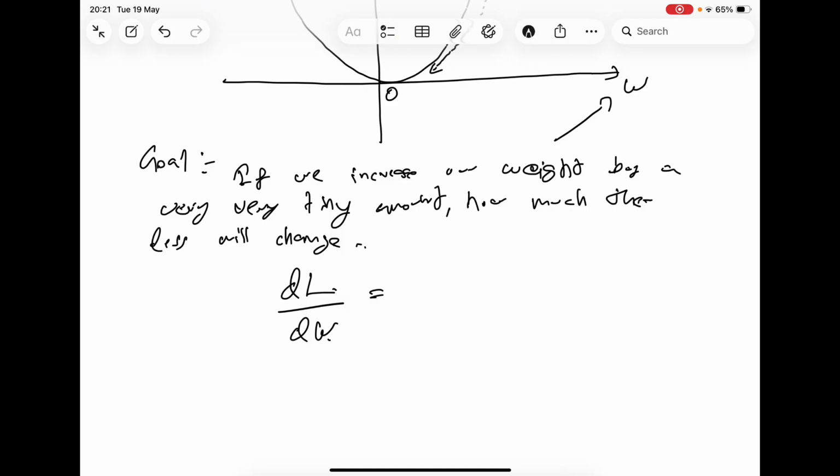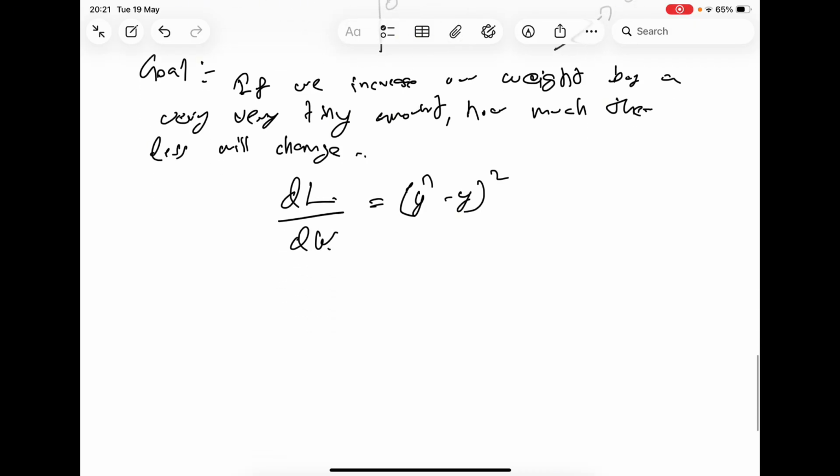And our function is this. So we need to find the derivative of this.